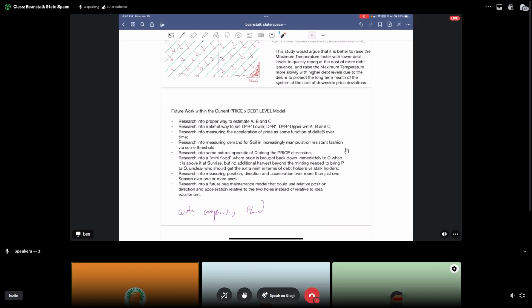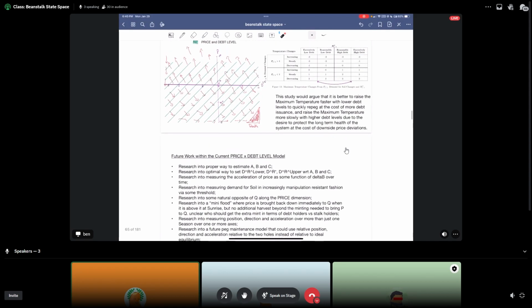And then, I think the most interesting, although difficult, is we have this model for two holes. Right now, Beanstalk is measuring things with respect to direction and acceleration with respect to ideal equilibrium here. But the question is, should it be measuring things here? Should it have a two-hole model versus a single point model?